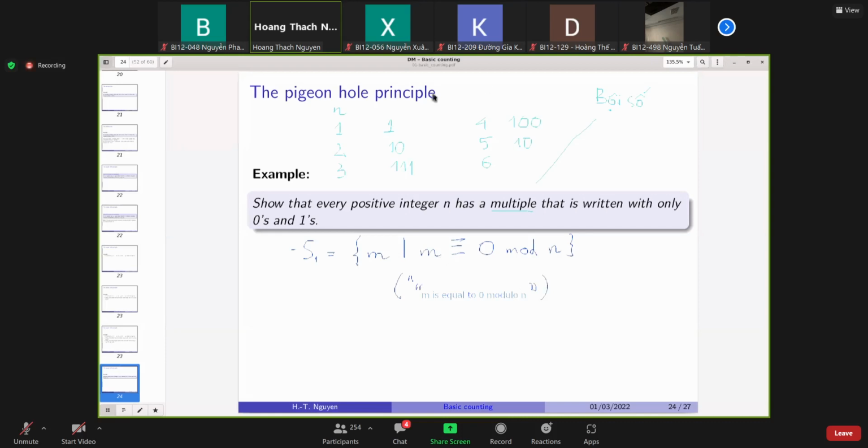What does that mean? That means that the remainder of m divided by n is 0. So in Vietnamese, if we say that m is equal to 0 modulo n, that means số dư thì lấy m chia cho n là bằng 0, đúng không?